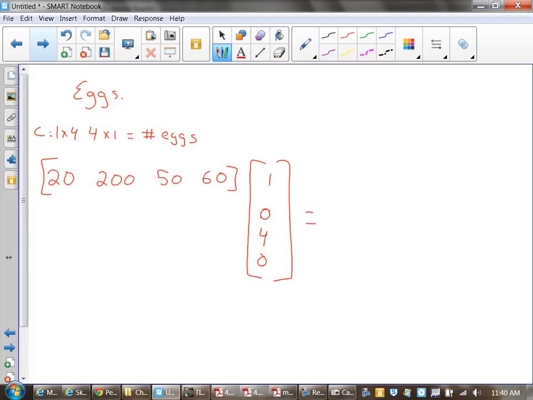When you multiply these together, it'll give you a total amount of eggs, and so on, and so forth. You're doing basically the same thing, keeping this matrix, changing this one for each ingredient. Okay? Basically all you're doing is changing the column.